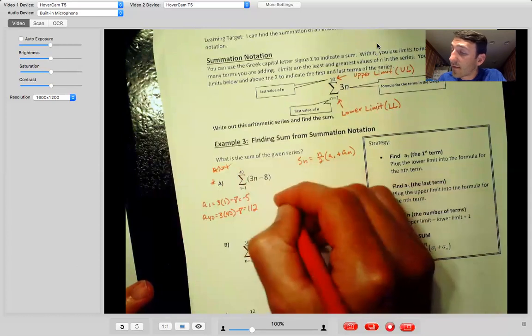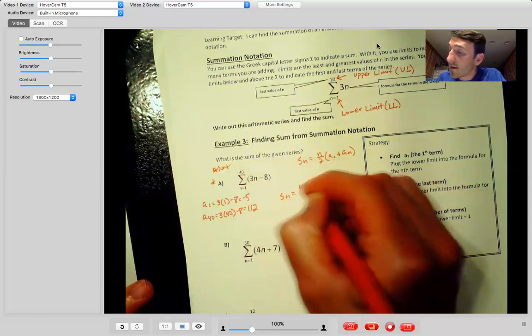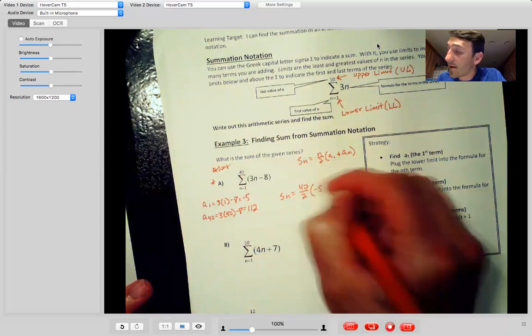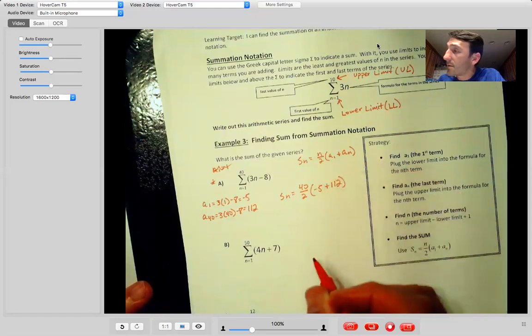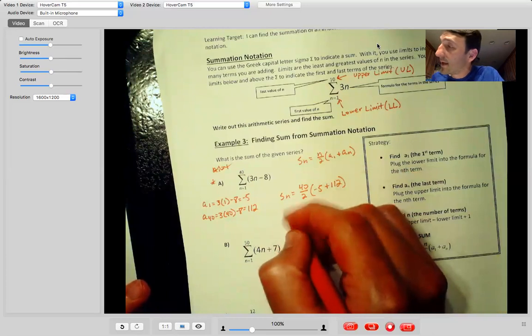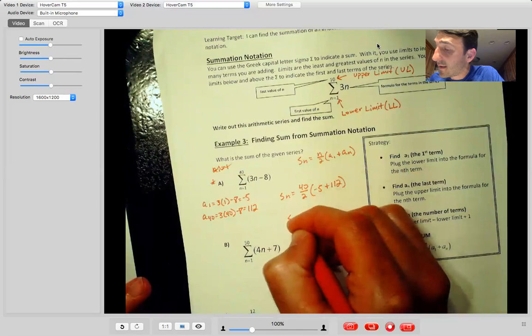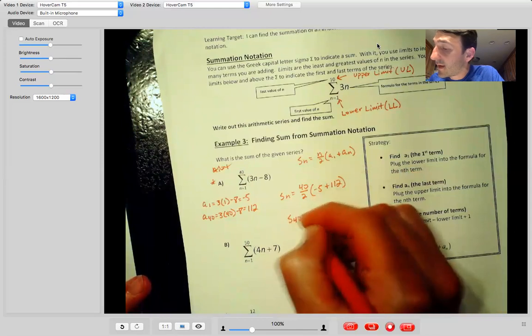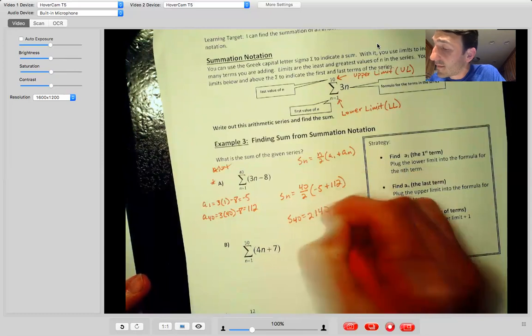Now we have everything we need. So we go 40 over 2 times the quantity negative 5 plus 112. These aren't too bad. Just knowing what you're being asked is the key. So S sub 40 is 2140 is what we get.